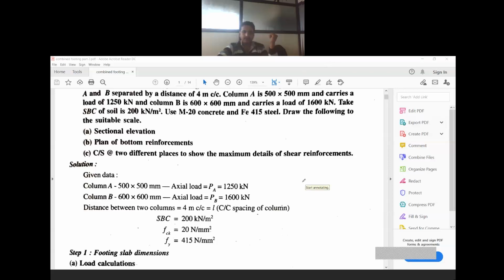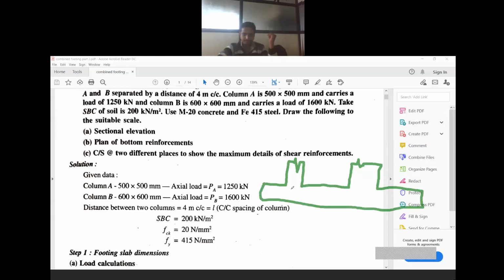According to this given question, we shall draw one diagram. You can even note this diagram. So this is column A. This is column B. Under column A, column A carries 1250 kilonewton load.